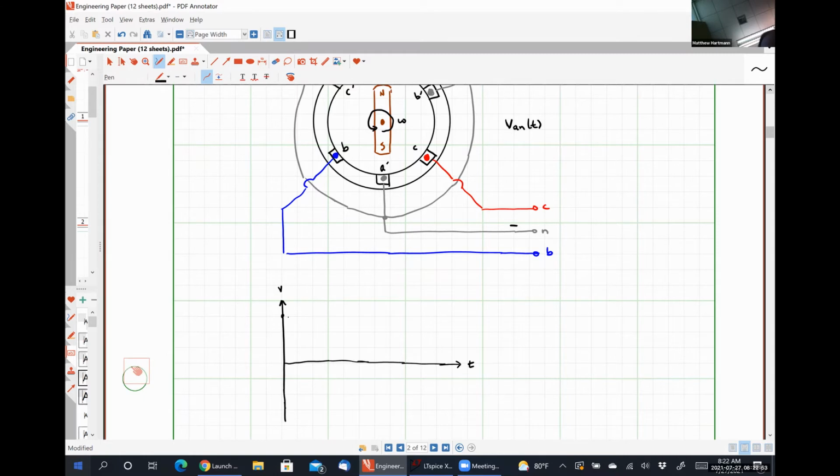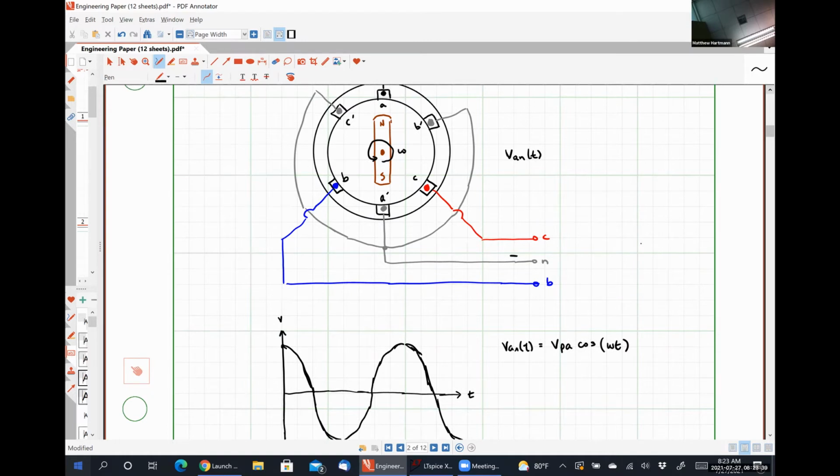We have some maximum magnitude, like so, where VAN of t will be equal to VPA cosine omega t.